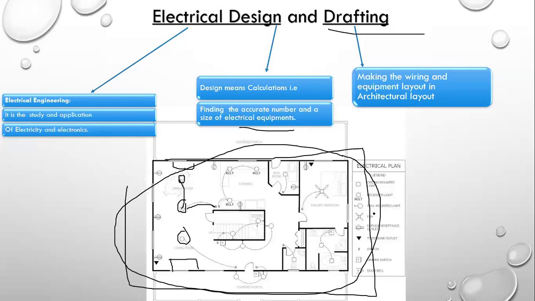Sir, in electrical, do we need to study about the power systems, etc.? Okay, see Harsha, first of all, it's not electrical designing. In electrical designing, as I told you, first is the designing portion. That means you should know how to calculate the value of equipment. Suppose I give the example of a transformer.